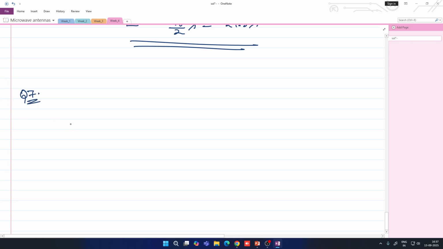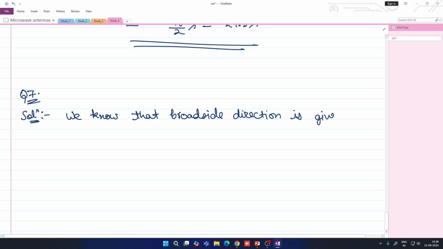So question 7, we know that broadside direction is given by, when theta, for broadside, theta is pi by 2 and phi is 0.